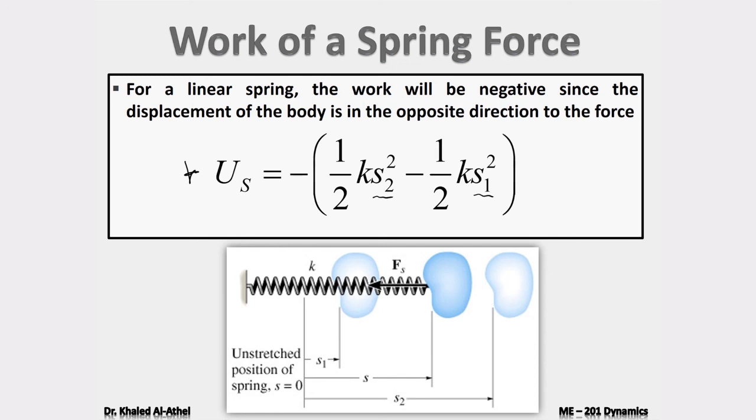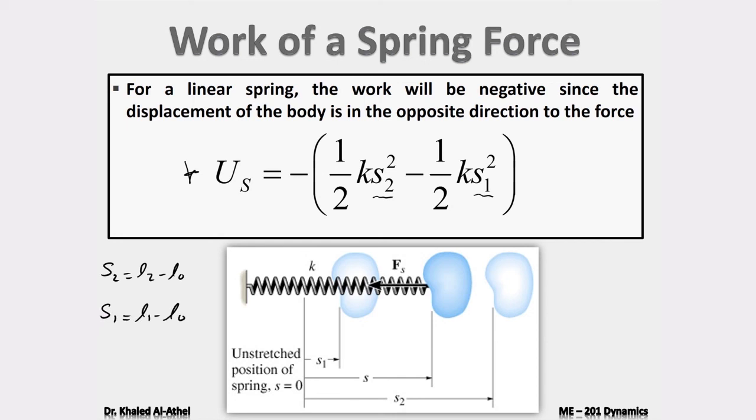Therefore, I can compute S2 as the current length of the spring at position 2 minus the unstretched length. So I can say that S2 equals L2 minus L0 and S1 equals L1 minus L0.